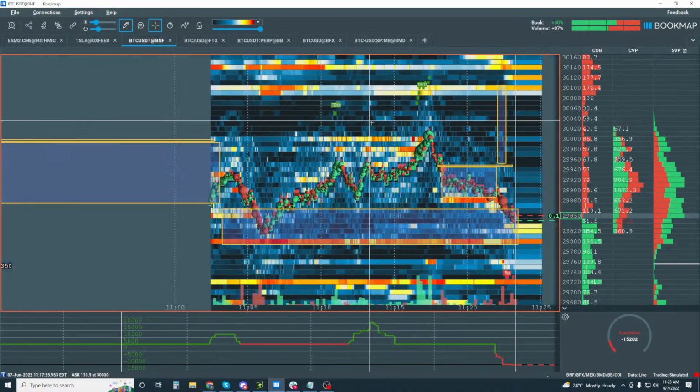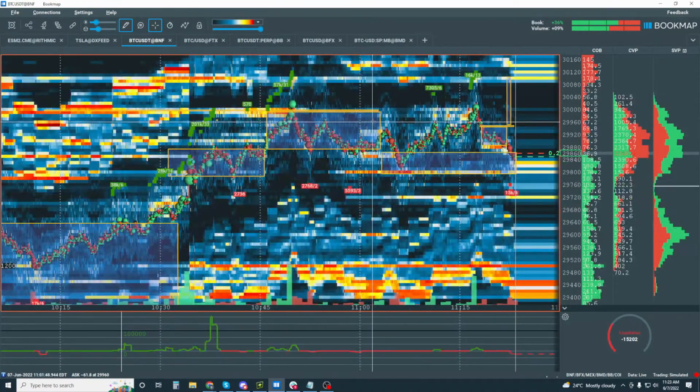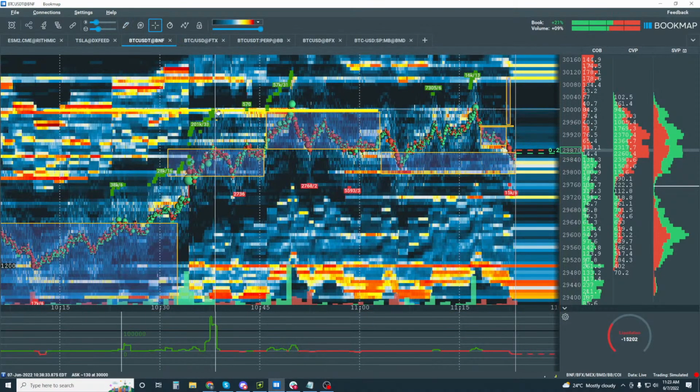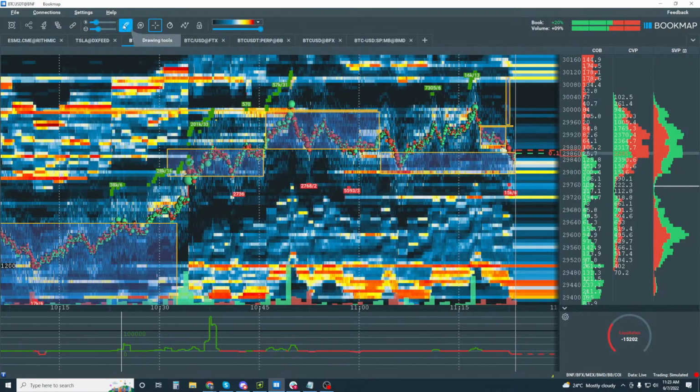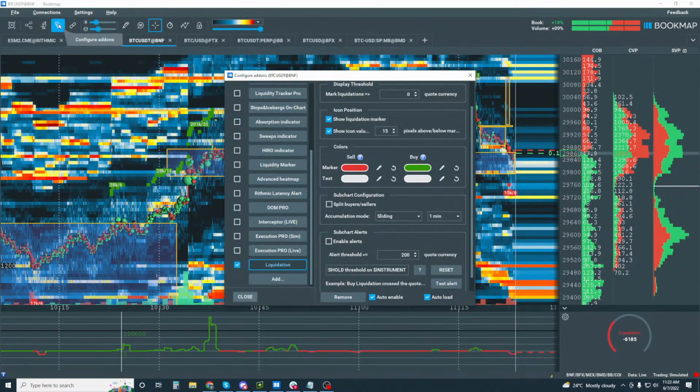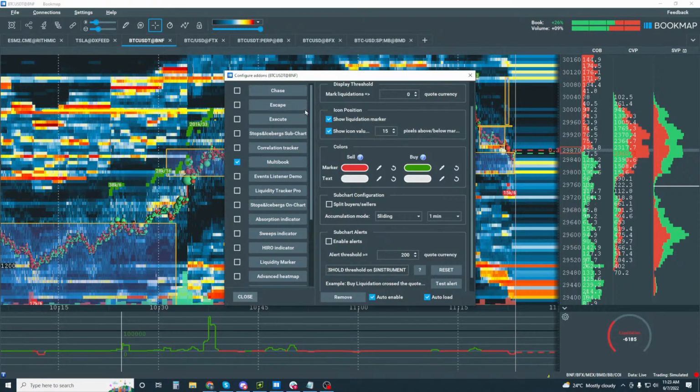What I wanted to cover here, and it's too bad that we don't have stops and icebergs as well. That would be beautiful. But we do have the sweeps and absorption indicator in here, and it's the sweeps I want to cover, and what the sweeps are telling you. Okay, we're talking about order book sweeps, and I'll show you what an order book sweep is as well.